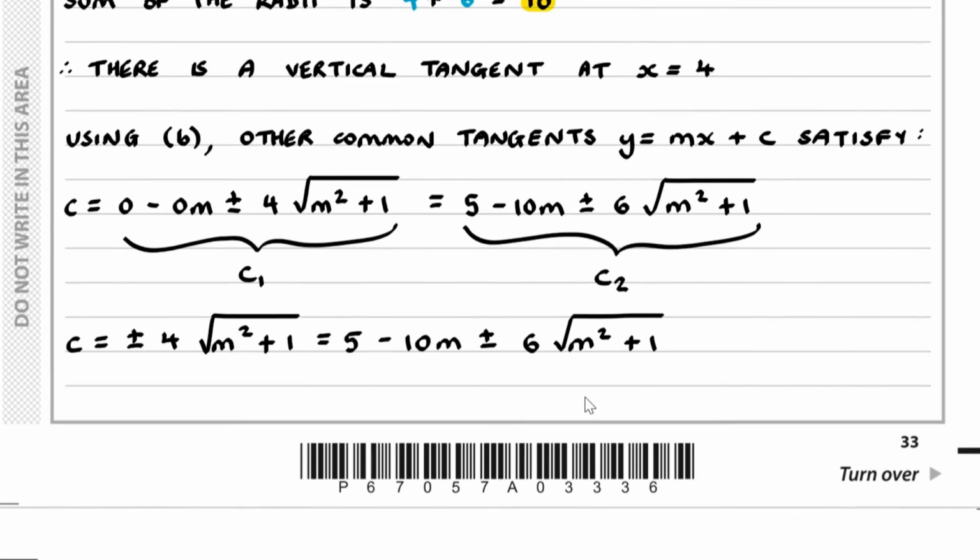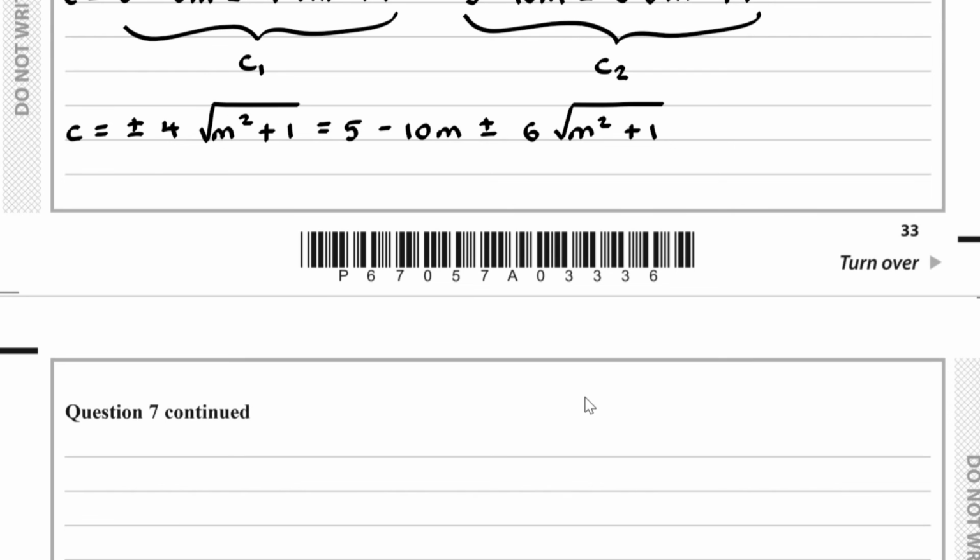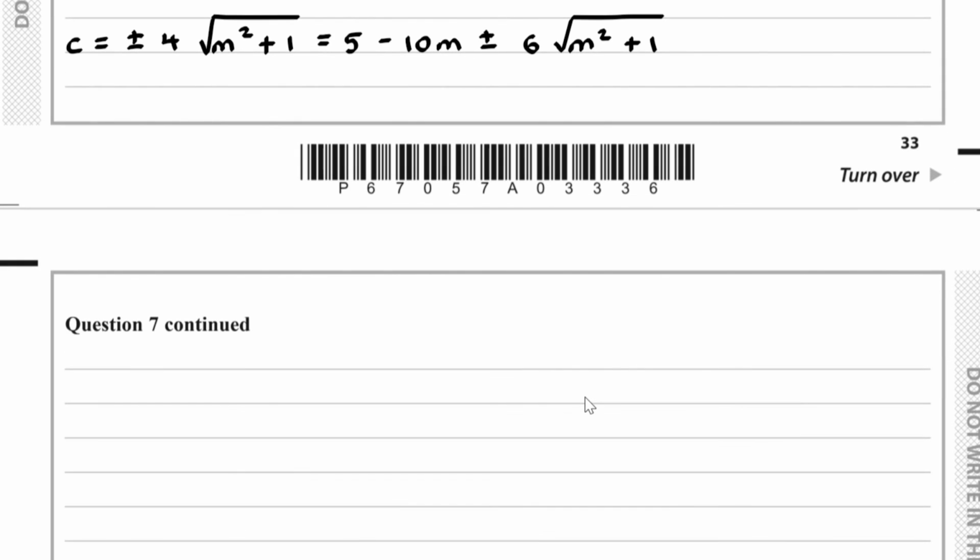Now here we need to think about how many solutions we'd have, and let's make a quick note on the side in rough. If I have plus minus 4x equals b plus minus 6x, well, let's think about the combinations.